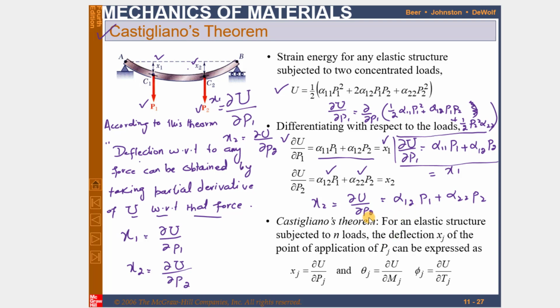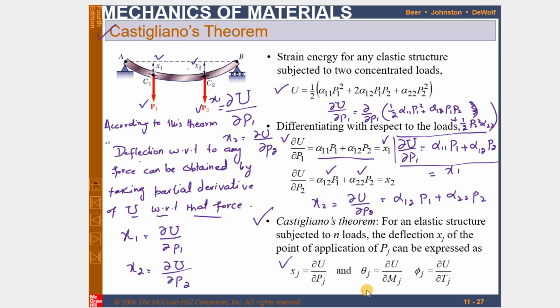Clear? So, for the generalized term, Castigliano's theorem for an elastic structure subjected to n loads: the deflection xj at the point of application of Pj can be expressed as xj equal to partial u over partial Pj. So x1 is equal to partial u over partial P1. If j is equal to 2, x2 is equal to partial u over partial P2.